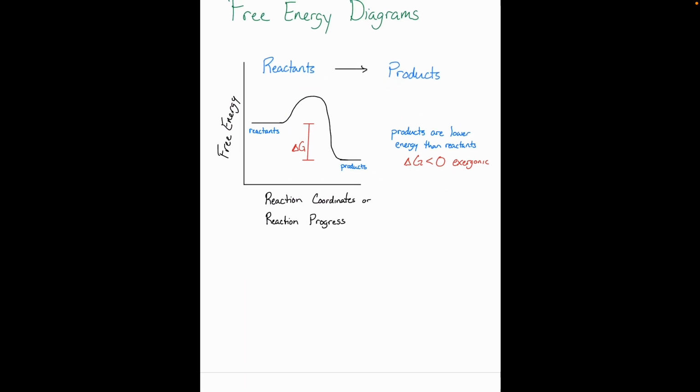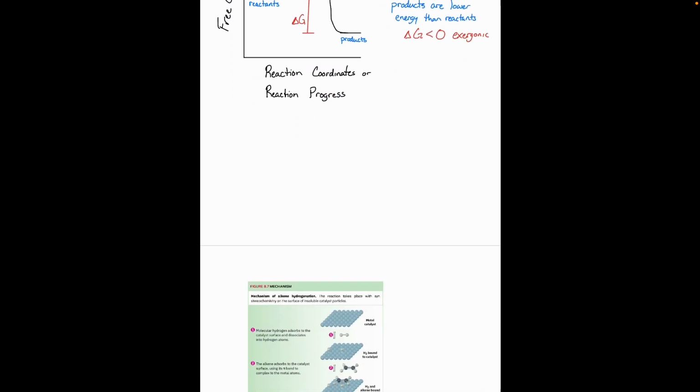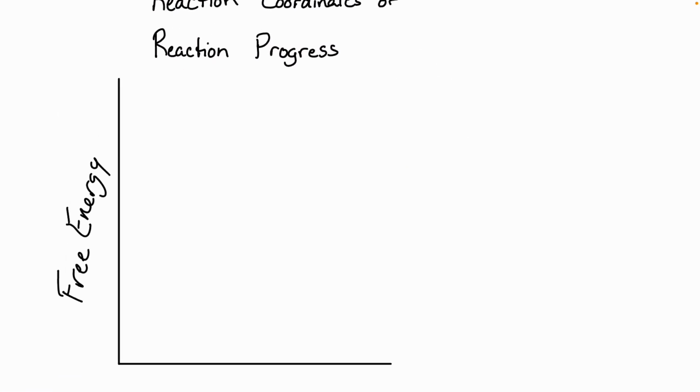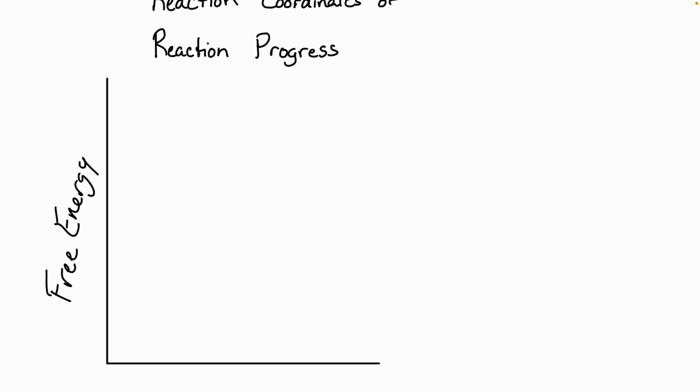Right, so before we move on here, I want you to take a second and give me a free energy diagram for an endergonic reaction, one where delta G is greater than 0. What would a free energy diagram for an endergonic reaction look like?